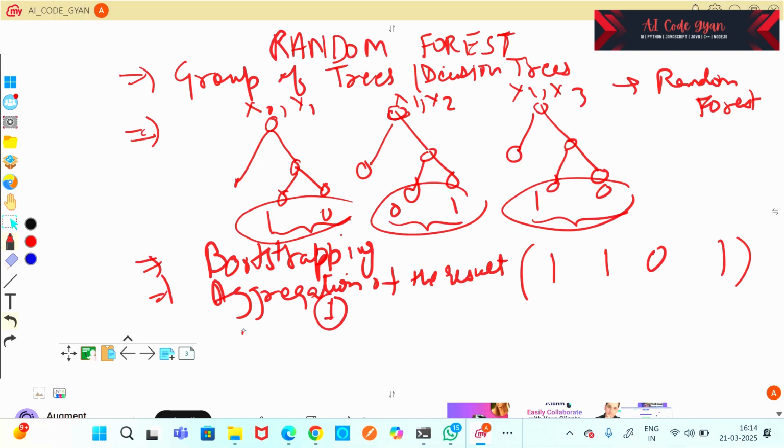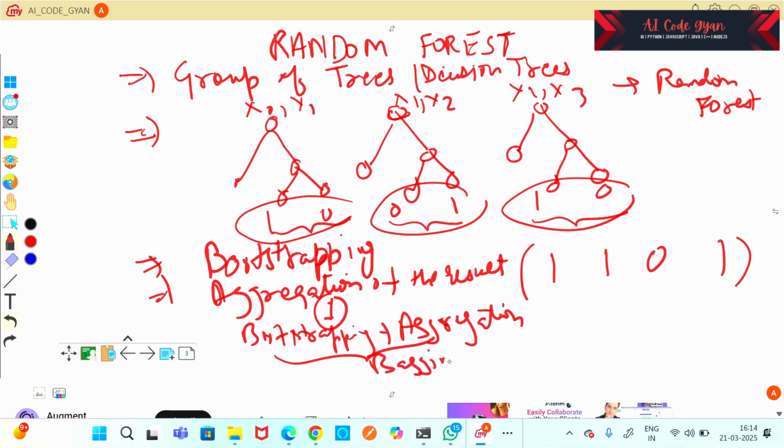So this whole process becomes bootstrapping plus aggregation, and it becomes bagging. Since this distribution of data set is completely random, it is called random.